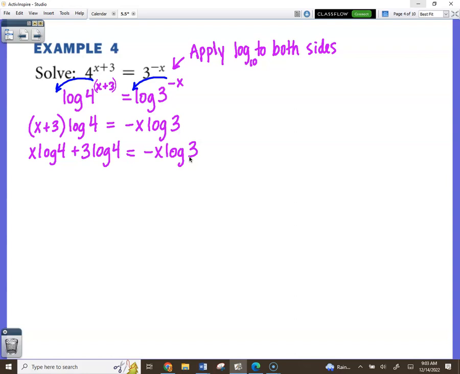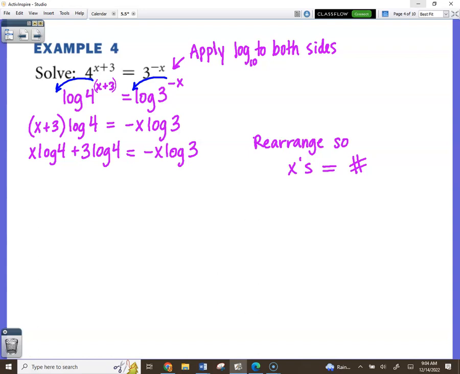So here's where you need to remind yourself that when I say isolate, I mean get x's to one side and non-x terms to the other side. So I'm going to say rearrange. So x's are on the left, equals, and then numbers on the right. So you've got your x stuff on the left, and your non-x stuff on the right.